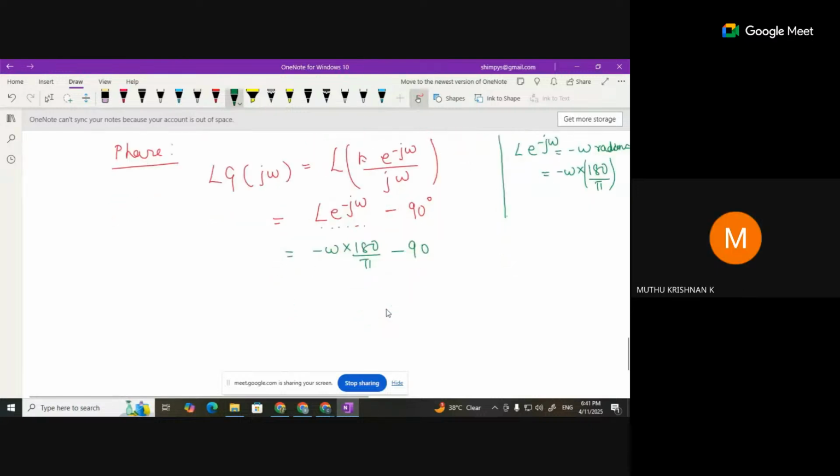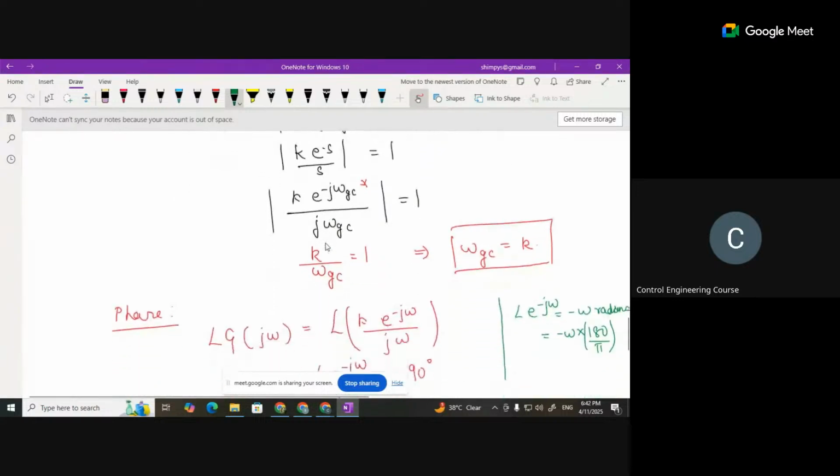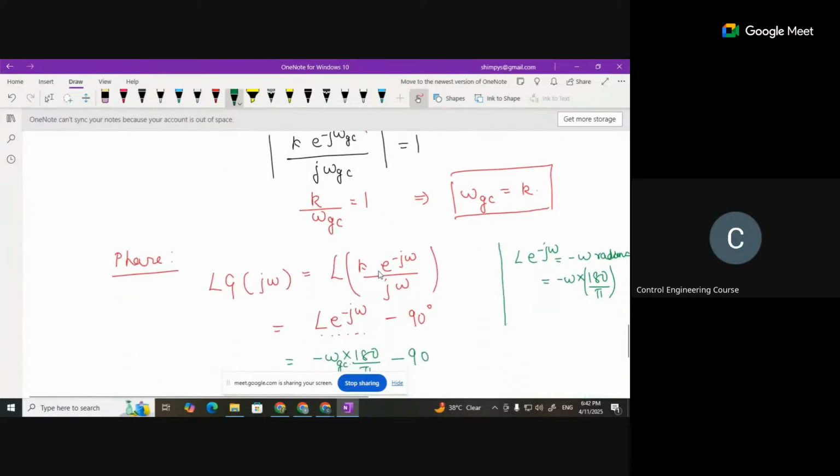Of course, this is at your gain crossover frequency, right? Now we can solve it easily because our phase margin expression is known to us and we have evaluated this angle. Our phase margin has to be 30 degrees.